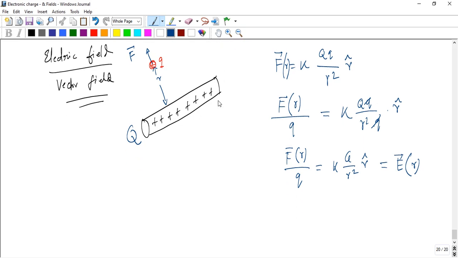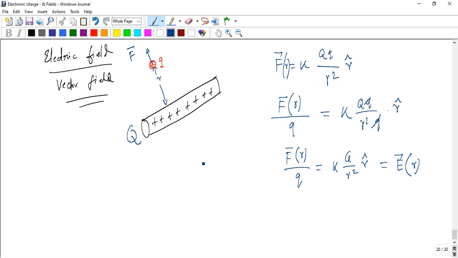So a q charge expresses some electric field. Both are vector fields, and E and F both are in the same direction.